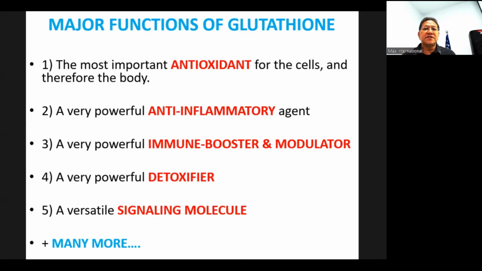Okay, these are the major functions of glutathione. For decades, it was known as the most important antioxidant for the cells and therefore the body. Later, when the science of inflammation came in, it turned out that glutathione is also a very powerful anti-inflammatory agent. It is also a very powerful immune booster and modulator, a very powerful detoxifier, and a versatile signaling molecule, plus many, many more functions.